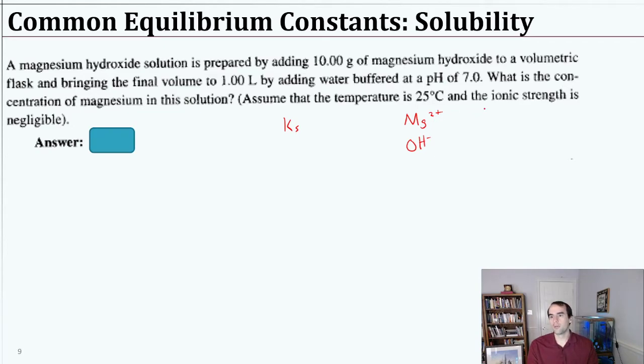And so if we have magnesium hydroxide, then what we're looking at is magnesium with a 2+ and hydroxide with an OH, which would have 1-. So we'll need 2 of those to balance. So magnesium hydroxide then should be Mg(OH)2 solid. So that's what we're looking at.